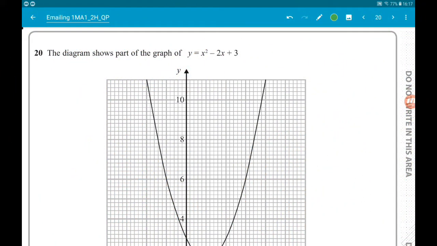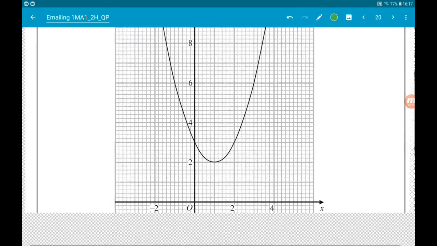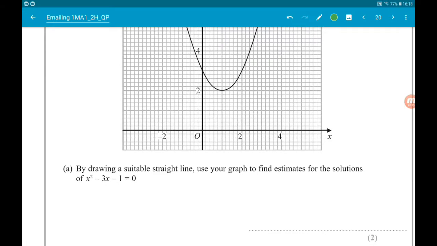Okay, number 20. The diagram shows part of the graph of y equals x squared minus 2x add 3. So there's our graph, good times. Part A says, by drawing a suitable straight line, use your graph to find estimates for the solutions of x squared minus 3x minus 1 is equal to 0. Okay, so how do these two things connect?